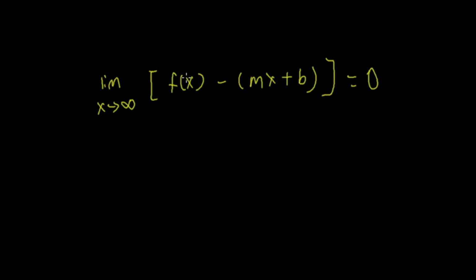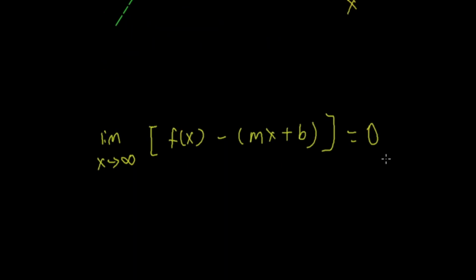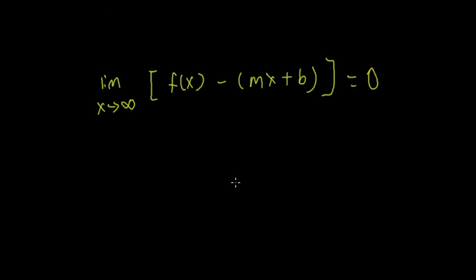The distance between f at x and the oblique asymptote should be getting to 0 as x approaches infinity. Like here, going this way. Okay, now let's do some examples and see how this works.